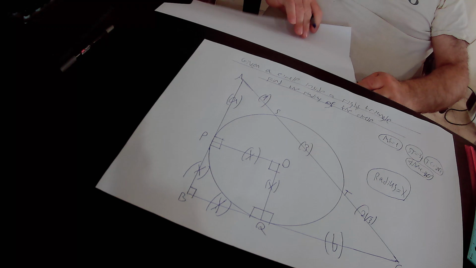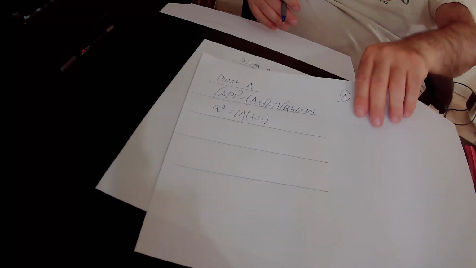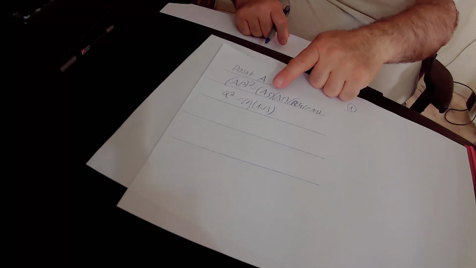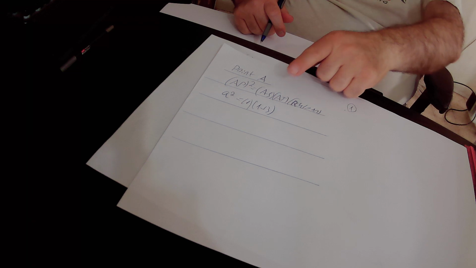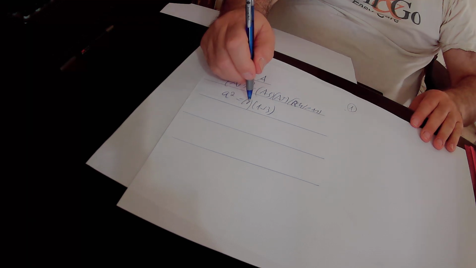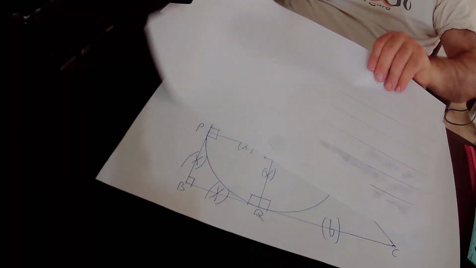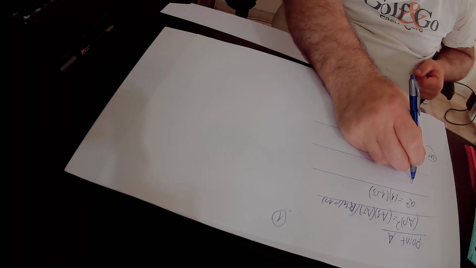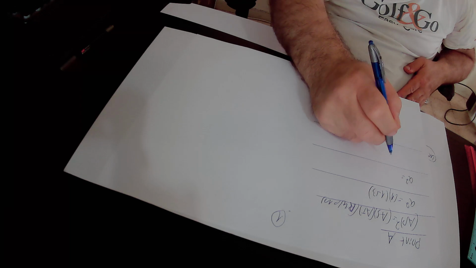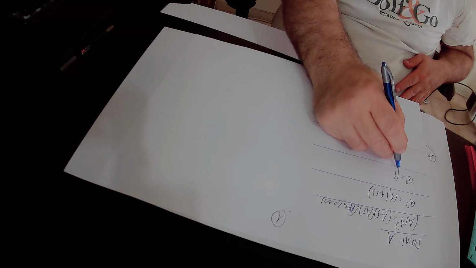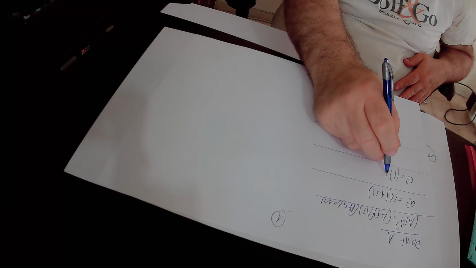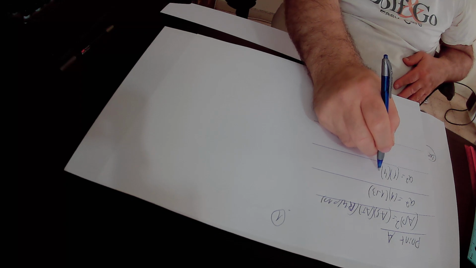So in conclusion, I found out that A squared equals 1 times (1 plus 3), that is 1 times 4, that is 4.